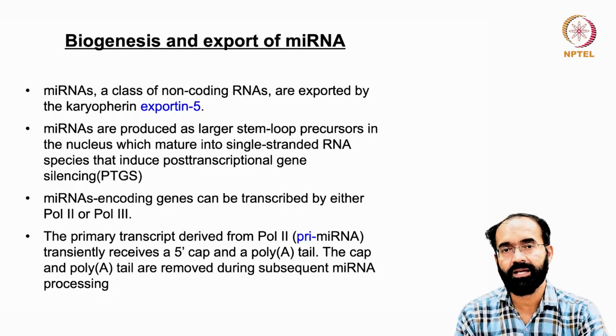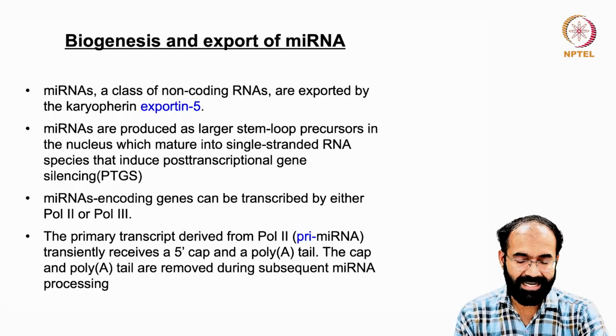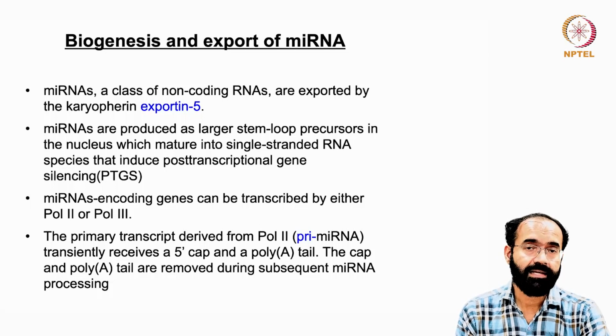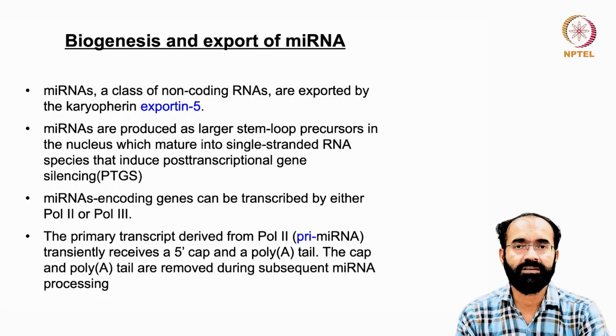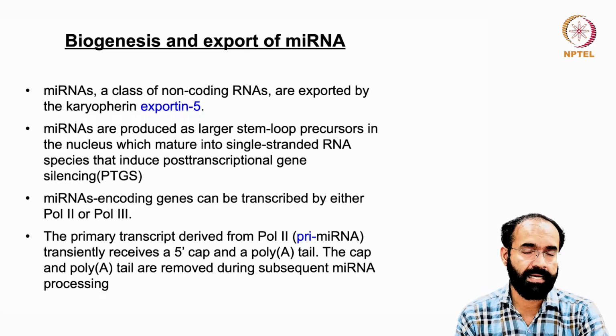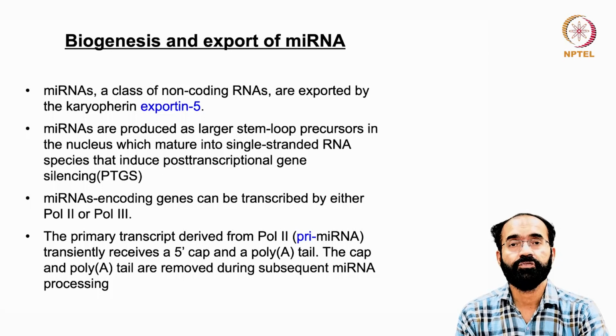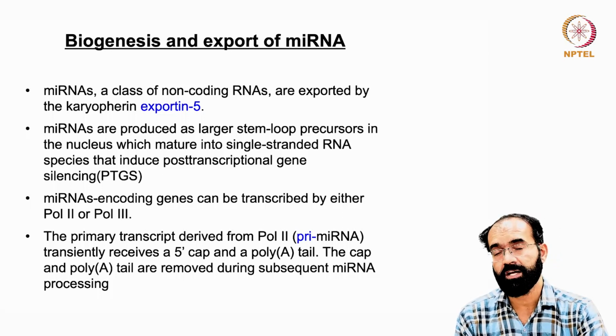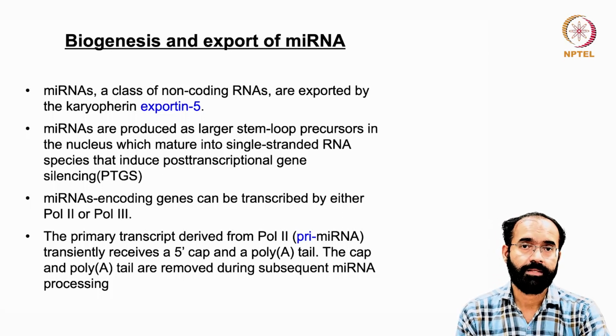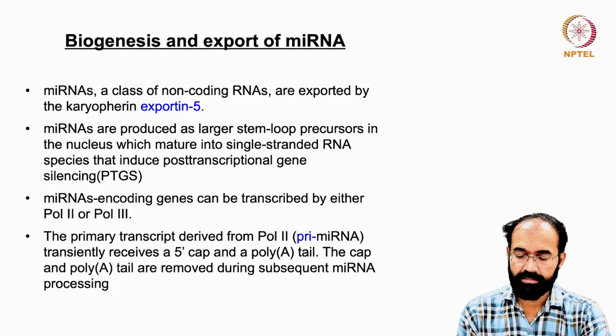Many times these microRNAs, if they are transcribed, even have their own 5' cap and 3' tail, which will be removed, because eventually the microRNA is just 22 nucleotides in length and functions in the cytoplasm on the mRNA target to prevent its translation.